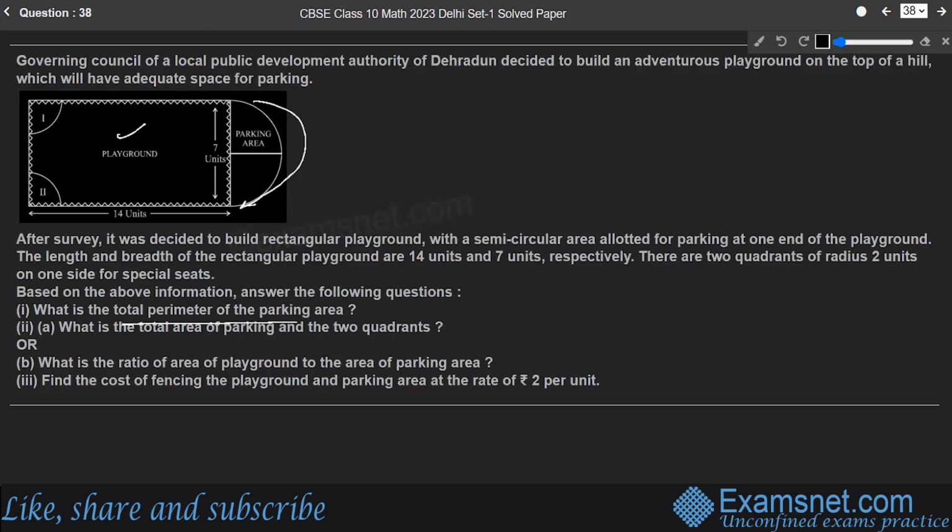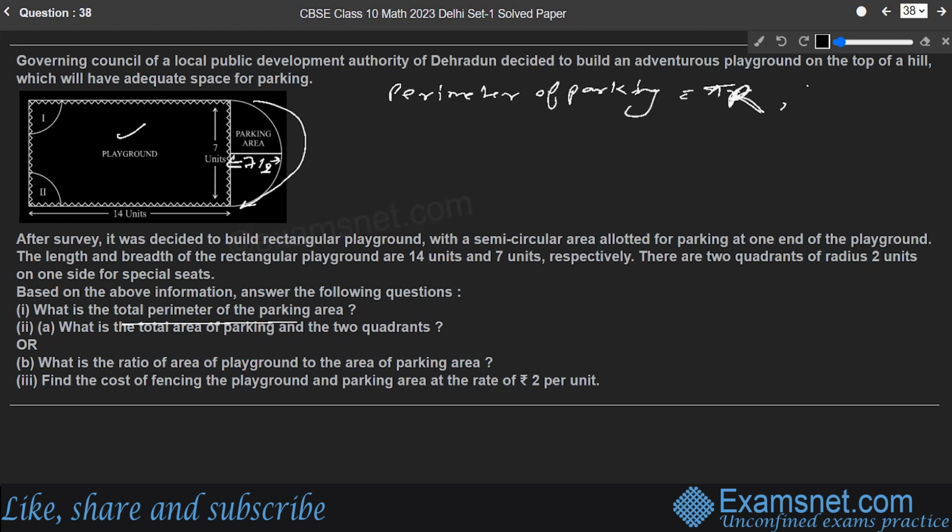First of all, let us find out the perimeter of the parking. The parking area is nothing but a half circle or semicircle. The perimeter of a semicircle is nothing but pi r. It's not 2 pi r, it's pi r. The diameter is 7, so the radius is 7 by 2.